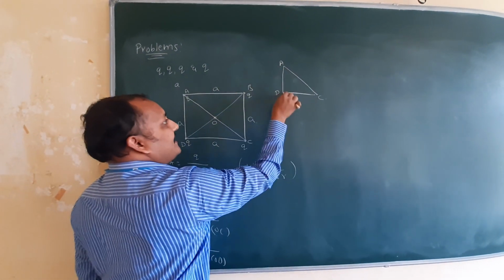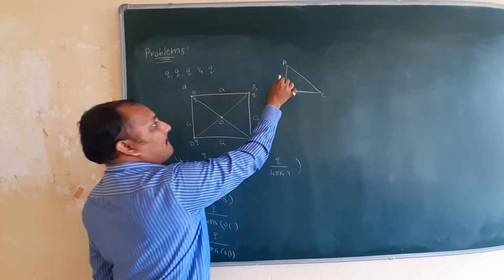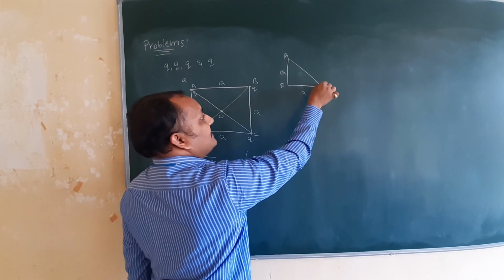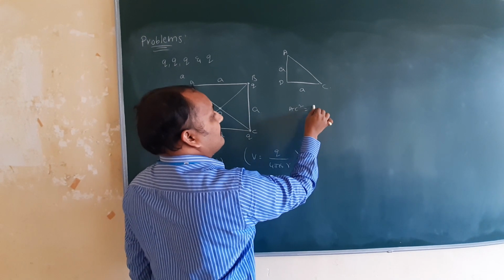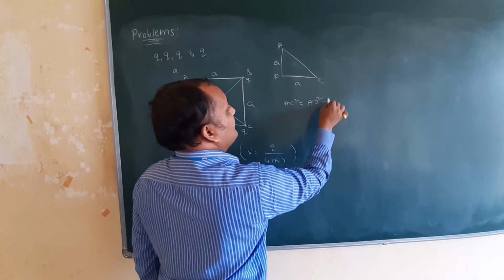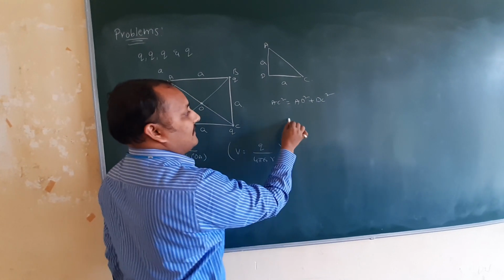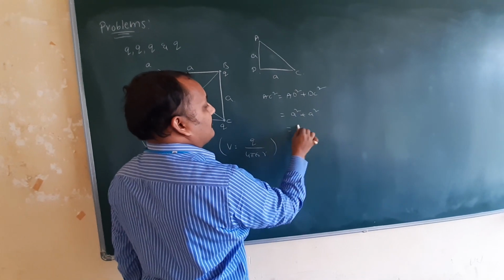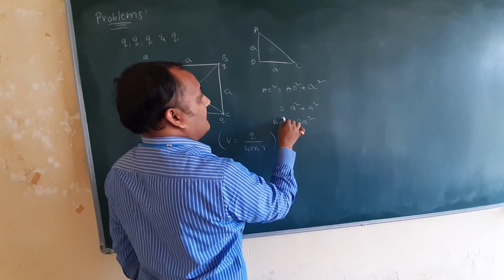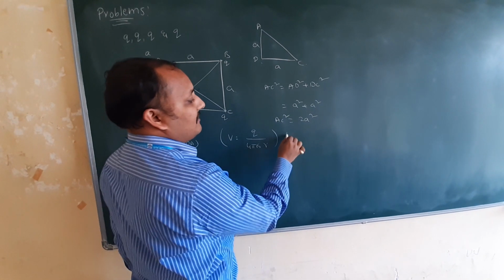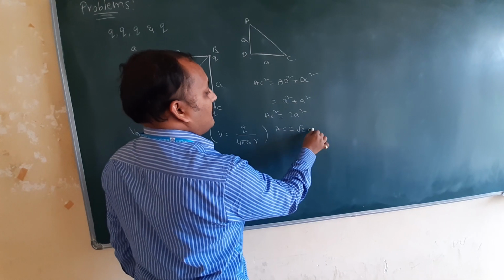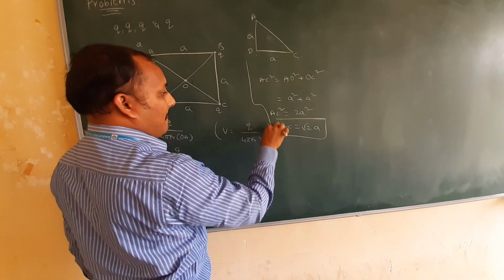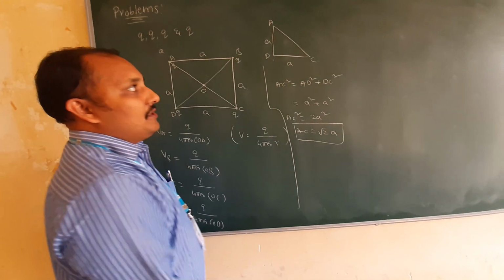We know AD is A, and DC is also A. Then AC square equals AD square plus DC square, which is A square plus A square, that is 2A square. AC square equal to 2A square means AC equals root 2 A.